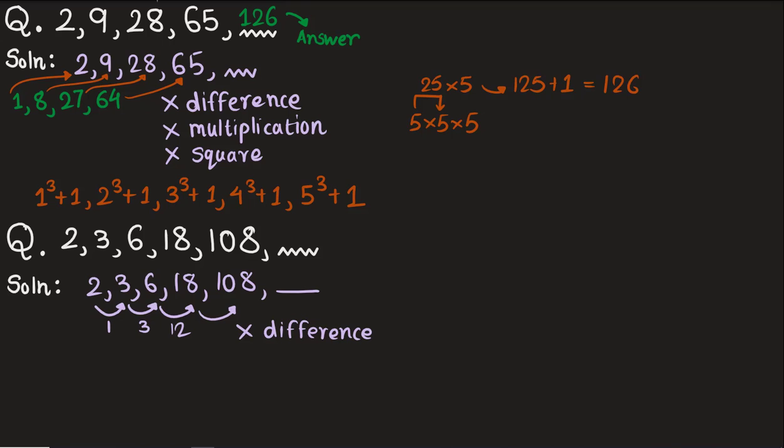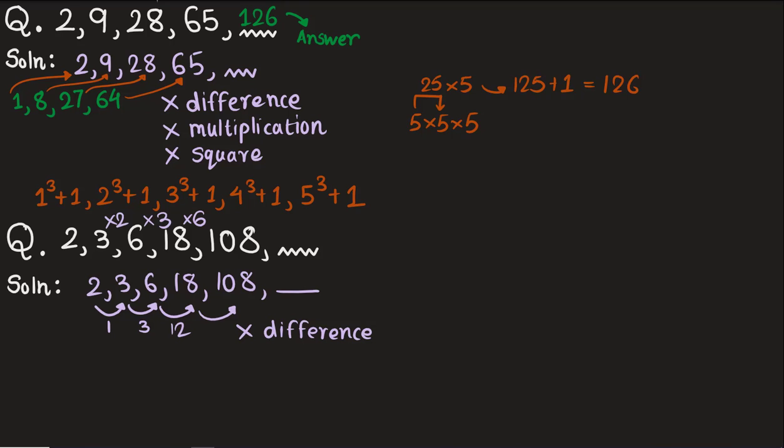So here 3 isn't a factor of 2, 6 is a factor of 3 into 2, and 18 is a factor of 6, which is into 3. Then 108 is also a factor of 18, which is multiplied by 6. So here we can clearly see there is a relation.